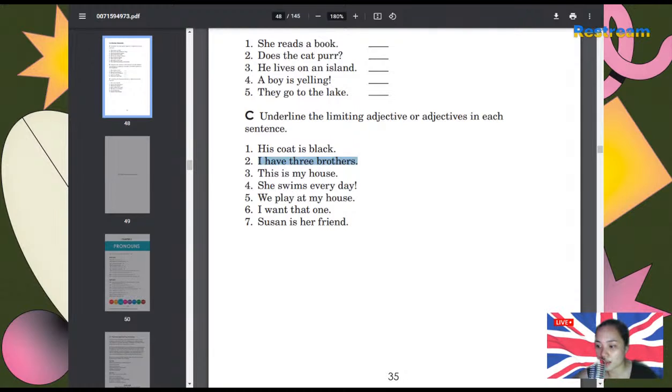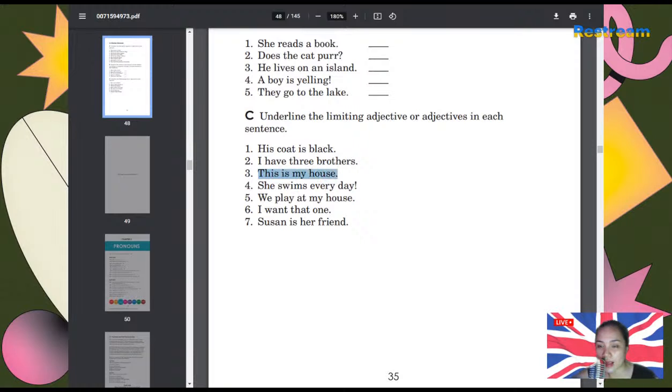The limiting adjective here is three, and then this is our noun, brothers. All right. Number three, almost done. How about this one?